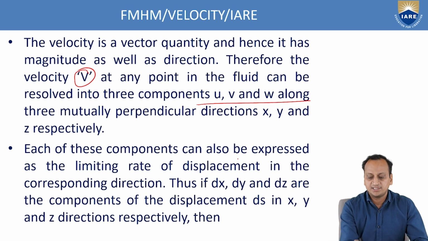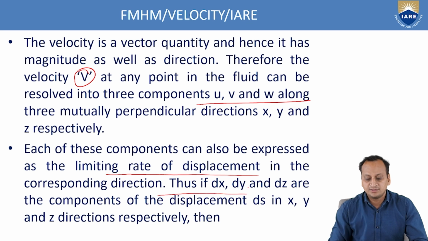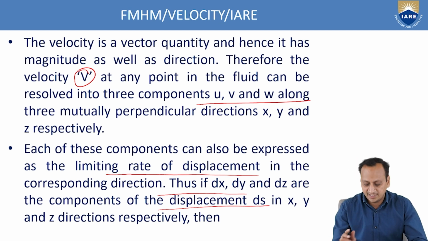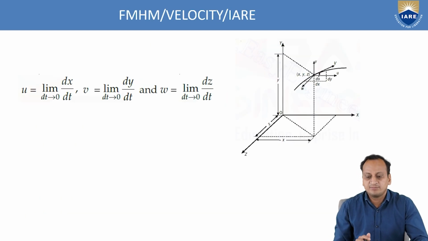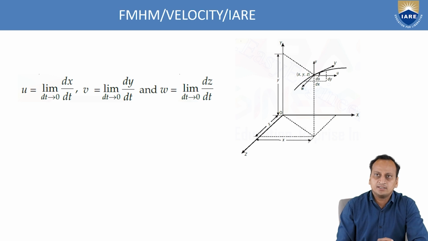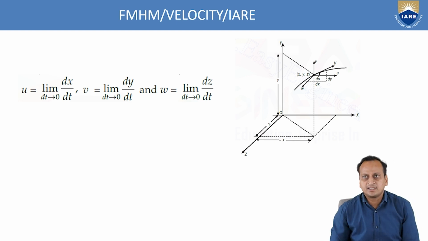Each of these components can also be expressed by the limiting rate of displacement in the corresponding direction. So dx, dy, dz are the components of displacement ds in the x, y, z directions.